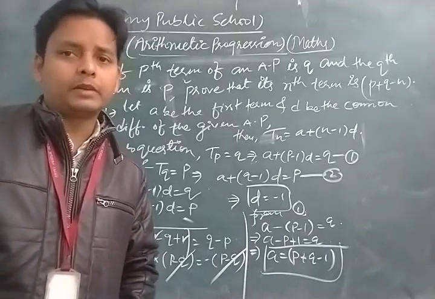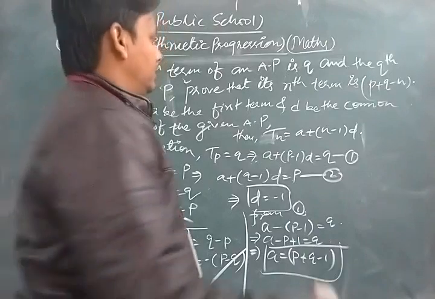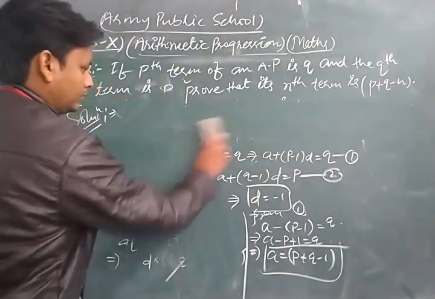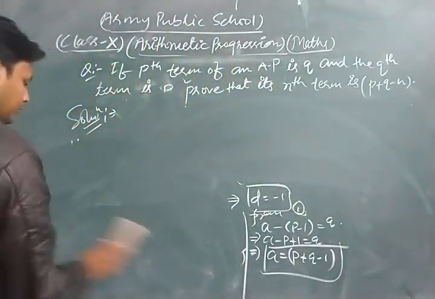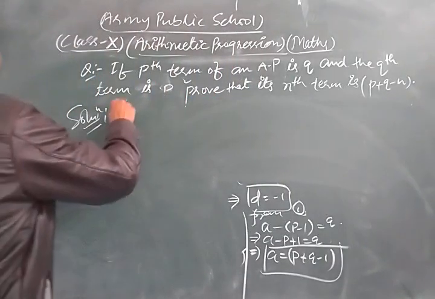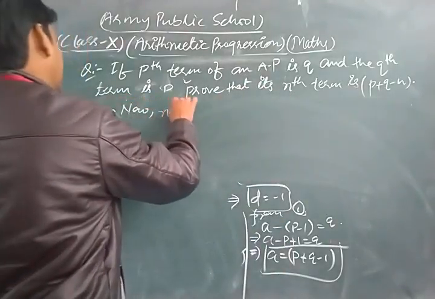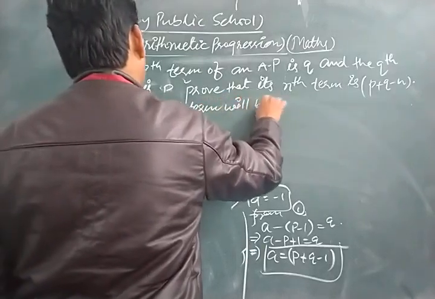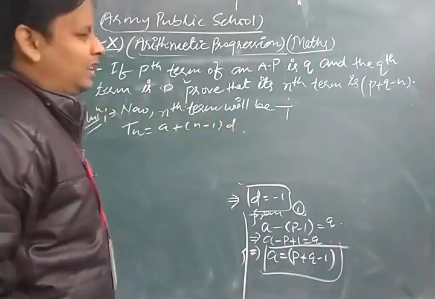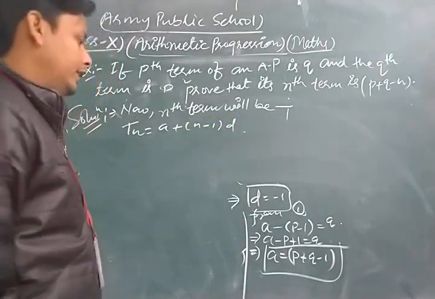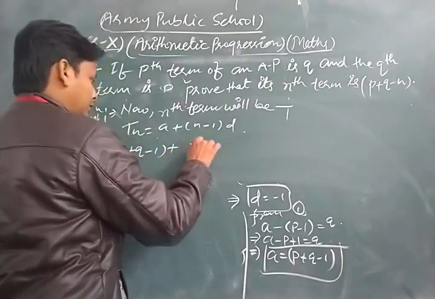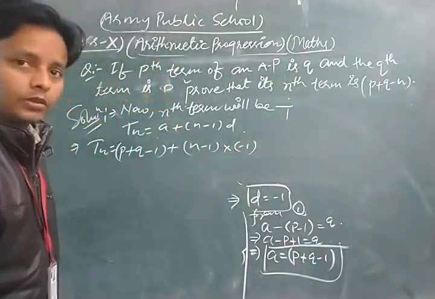We apply the formula for the nth term and put the values of A and D. The nth term will be A plus n minus 1 into D. The value of A is P plus Q minus 1, plus n minus 1 into D, and the value of D is minus 1.